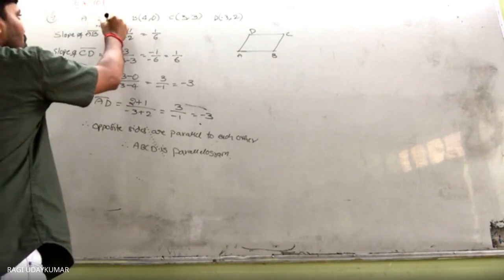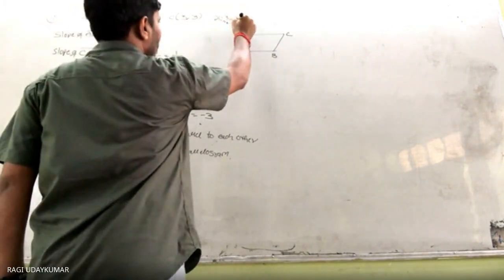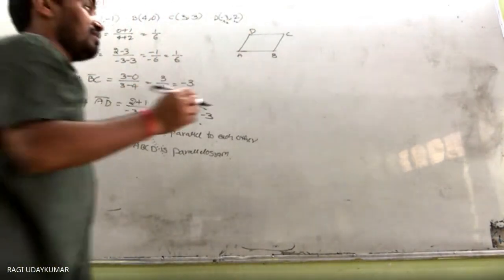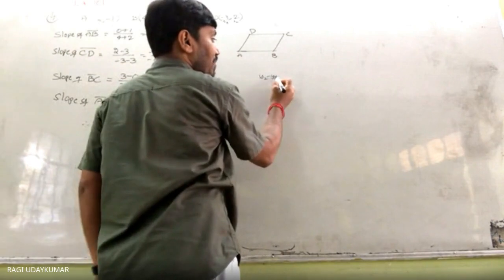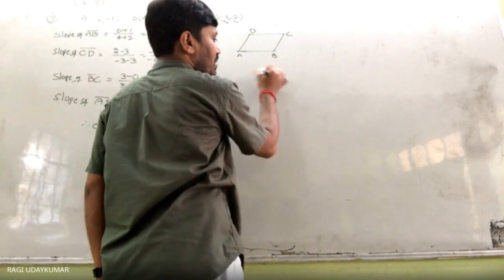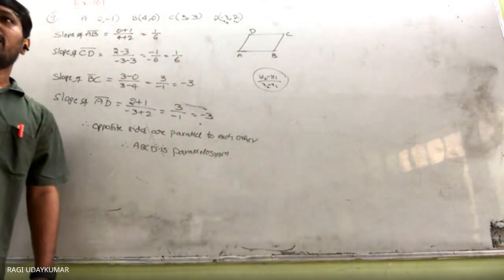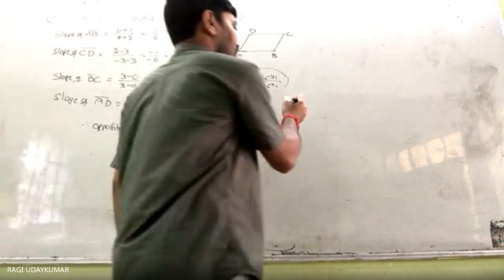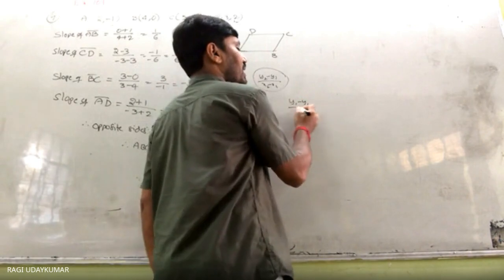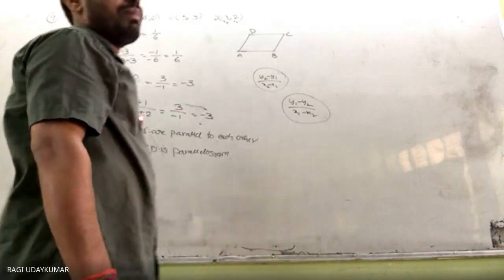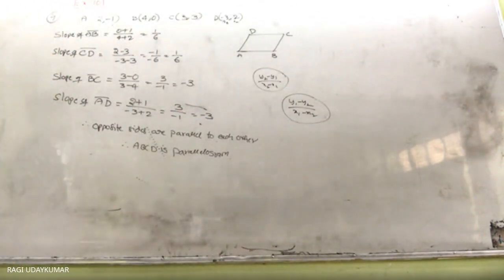Consider this as x1, y1 and consider that as x2, y2. Do remember, always in the numerator y2 - y1 by x2 - x1, not x2 - x1 by y2 - y1. You can also write the slope as y1 - y2 by x1 - x2, but the difference of the y coordinates you have to subtract first in the numerator. Okay.